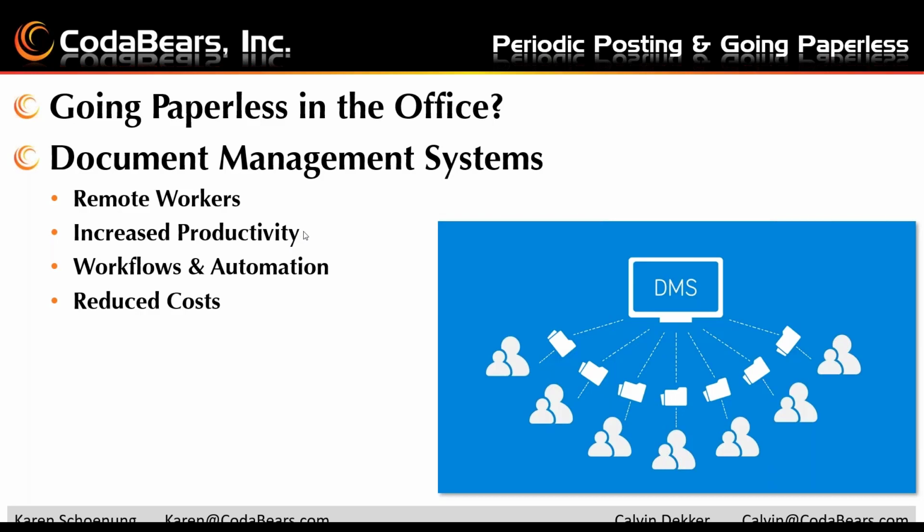And people are finding after they did this, productivity seriously increased. People had access to documents. Documents weren't lost anymore. Notes were being tracked on these documents, and collaboration was much easier. People were also building workflows and automation when the documents were received.